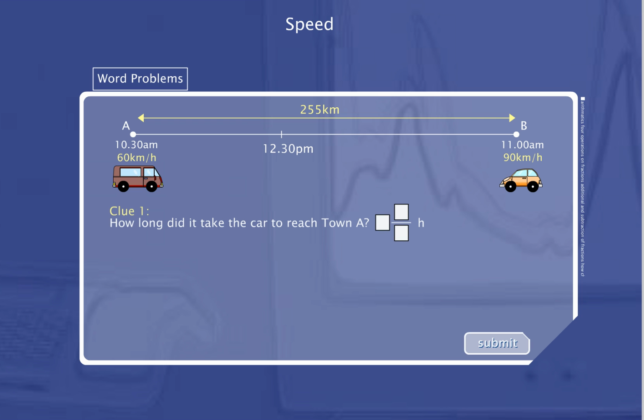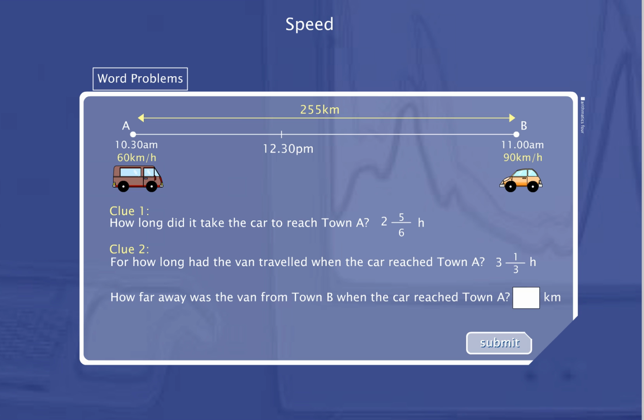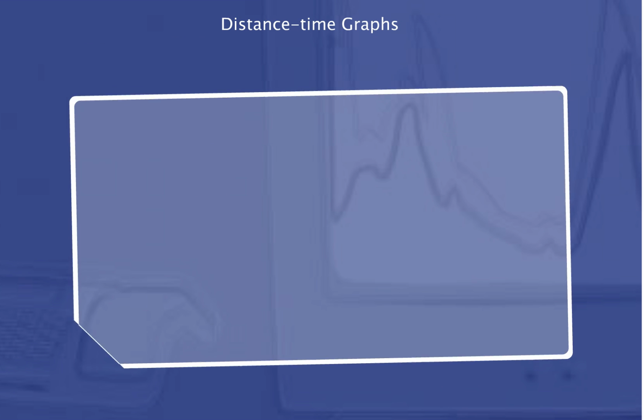How long did it take the car to reach town A? For how long had the van traveled when the car reached? How far away was the van from town B when the car reached town A?